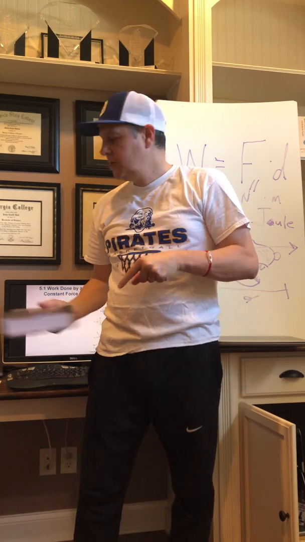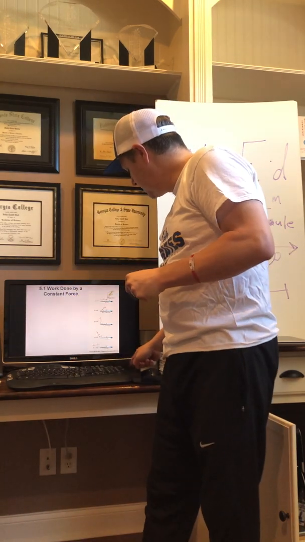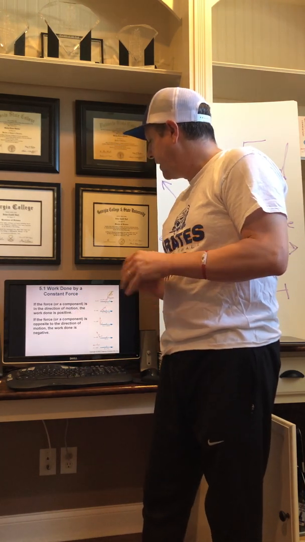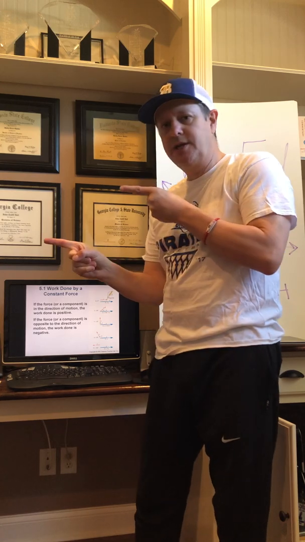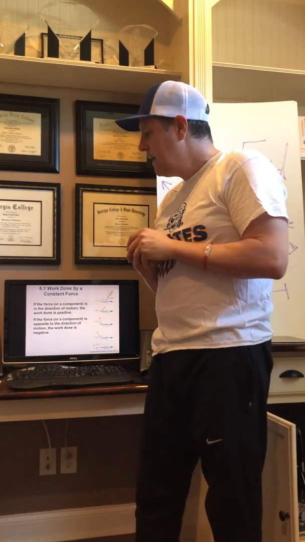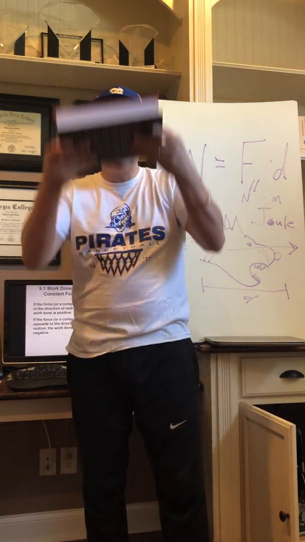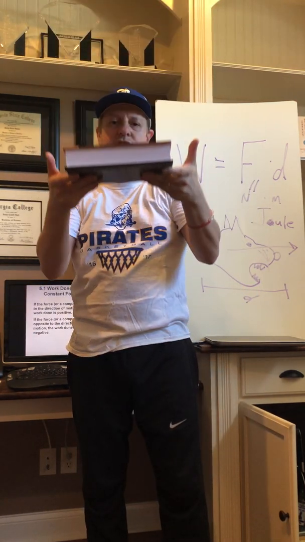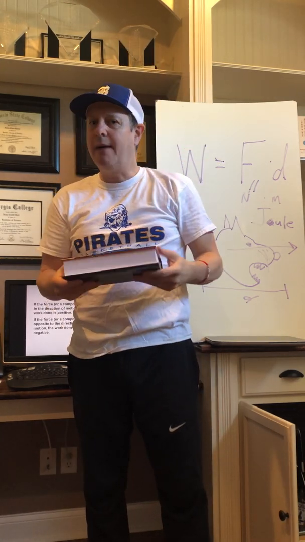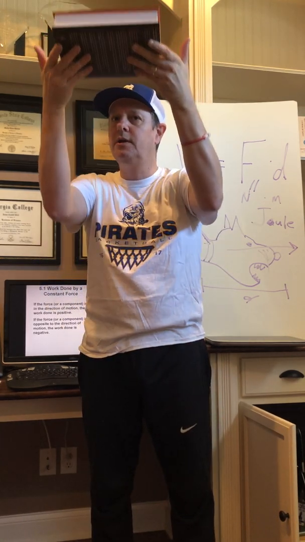And that's true. So that's what this next slide says in your notes. It says, if the force or a component is in the direction of the motion, the work done is positive. For example, in lowering the book, I'm still holding up on it with a force, but the displacement is downward. I'm actually doing negative work on the book as it lowers.